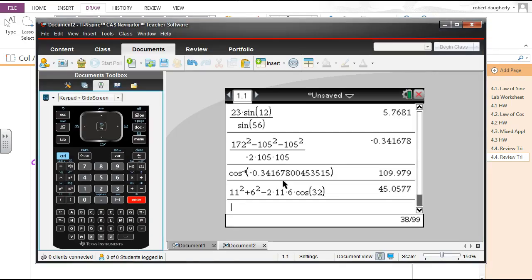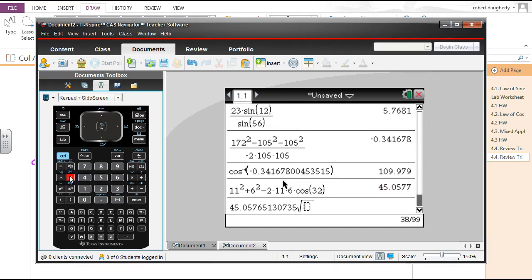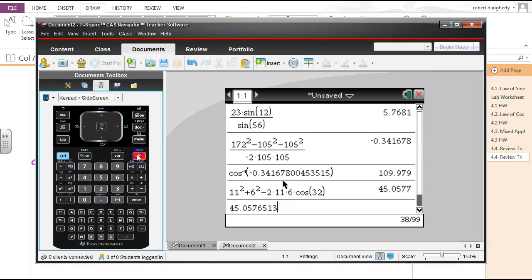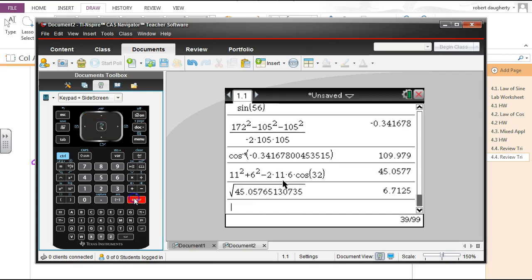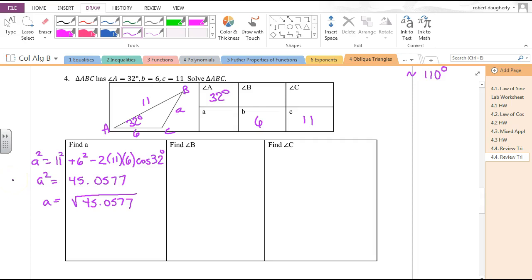Let me back up, I have to do the square root first. What is the square root of 45.0577? 6.71. So A equals 6.71.